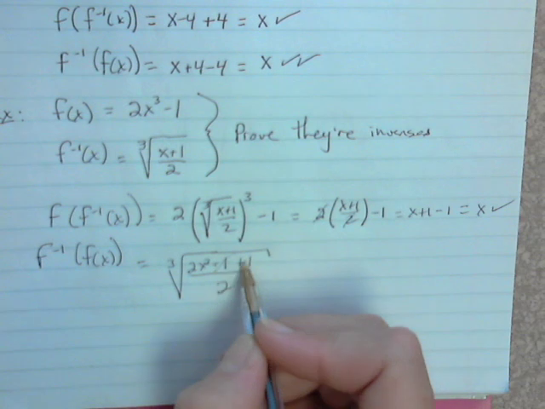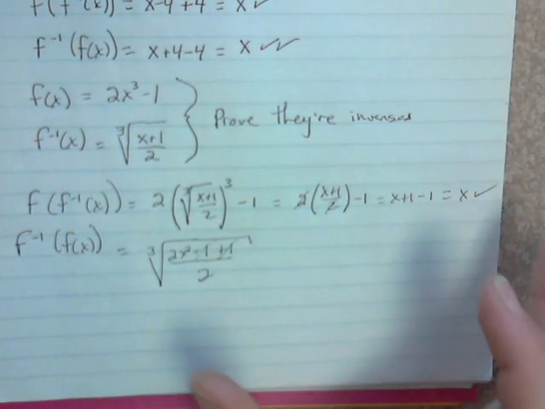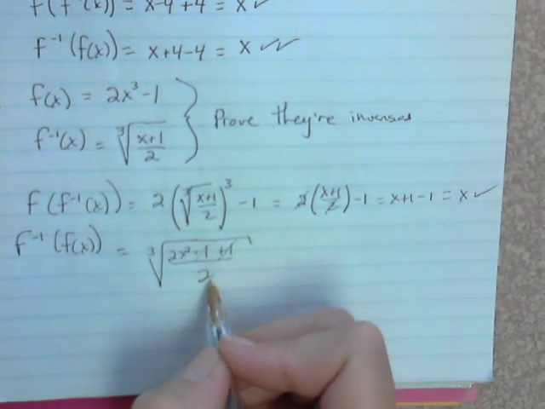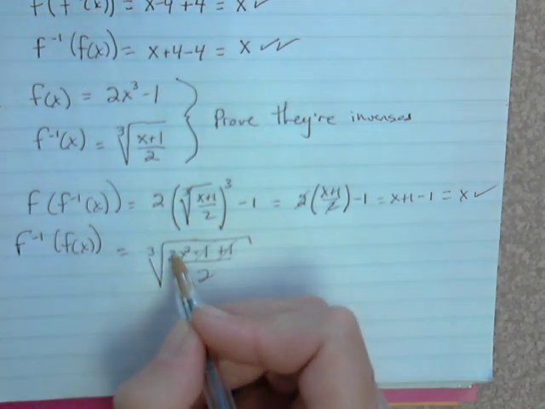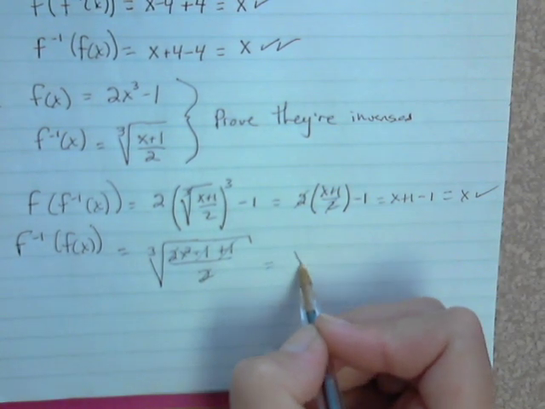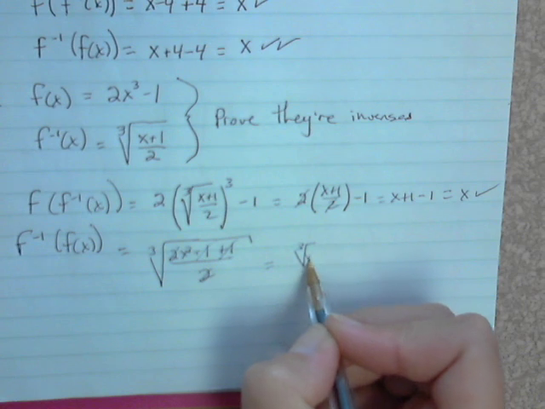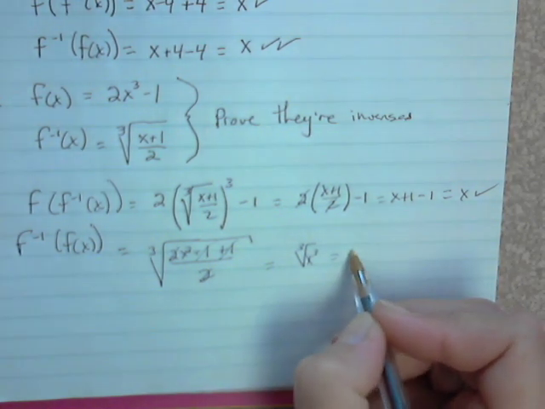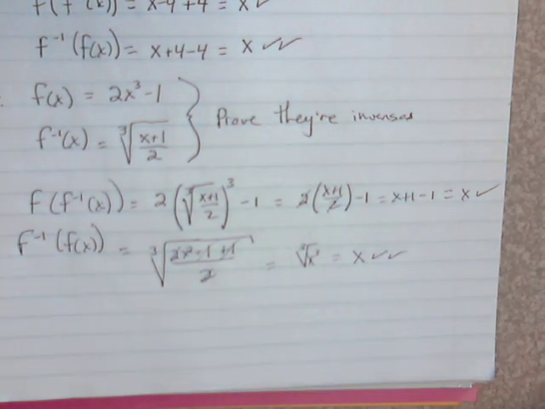Minus 1 plus 1 cancels out to 0, and you're left with 2x cubed over 2, the cubed root of that. These 2's will cancel, and you're left with the cubed root of x cubed. And the cubed root of x cubed is just x, so there's your final proof in the end.